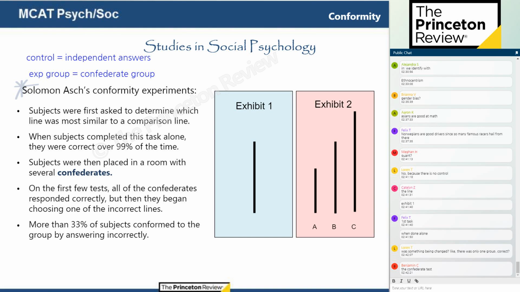So what's the independent variable? Because you also have to have an independent variable and a dependent variable in a real experiment.